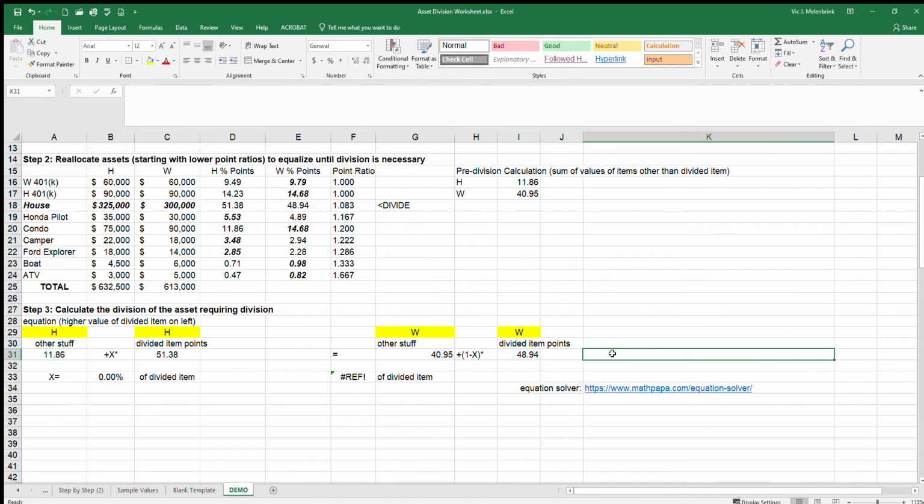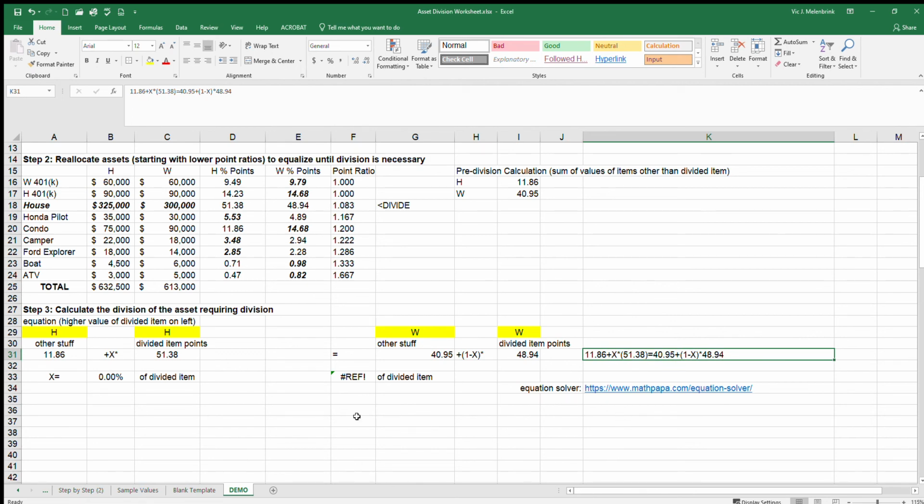So our equation is 11.86 plus, now we're going to do some algebra, x times 51.38 equals 40.95 plus 1 minus x times 48.94. Now that seems really scary, right? That's something that you probably haven't seen since high school algebra class.